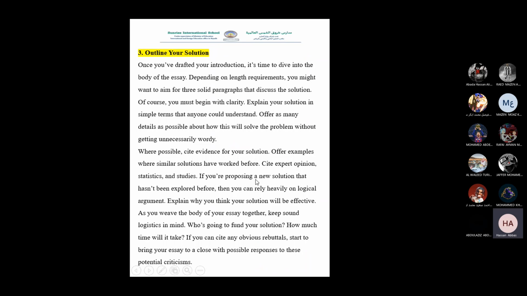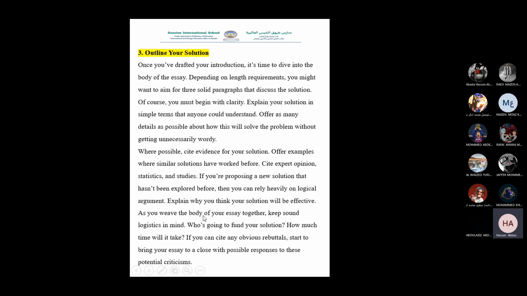If you are proposing a new solution that hasn't been explored before, then you can rely heavily on logical argument. If you don't have any evidence, you can rely heavily on logical argument with others. Argue with others, but on logic. Explain why you think your solution will be effective.